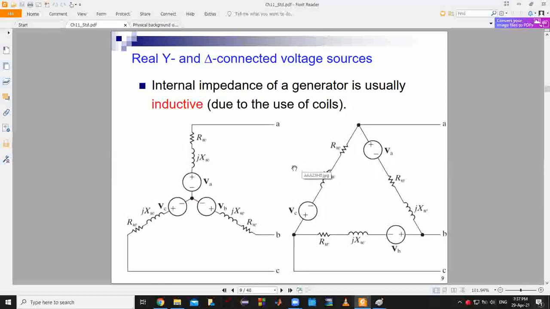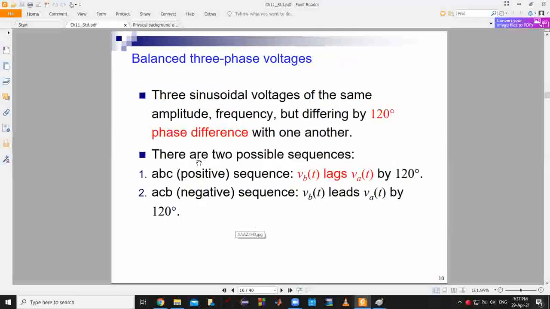Now, in general, the internal impedance of the generator is usually inductive because we have just coils, we don't have capacitance. So it's mostly inductive. And the three sinusoidal voltages have the same frequency because we're using the phasor approach. They also have the same amplitude.